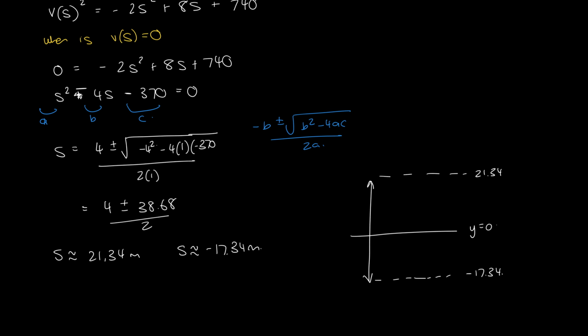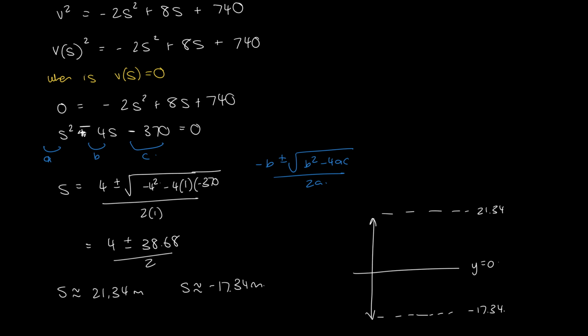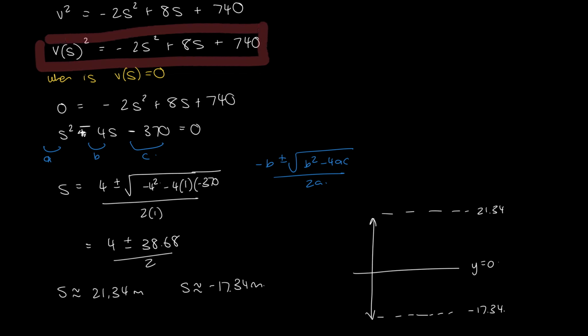So we go back to this equation that's over here, and we look at what does it look like when s is equal to 0, when it's on the ground. So that's what I meant by that second one was connected to the first one. You could solve it by just investigating there, but we can actually just go ahead and say v at 0 squared is equal to minus 2 times 0 squared plus 8 times 0 plus 740, which is going to give us v squared is equal to 740.